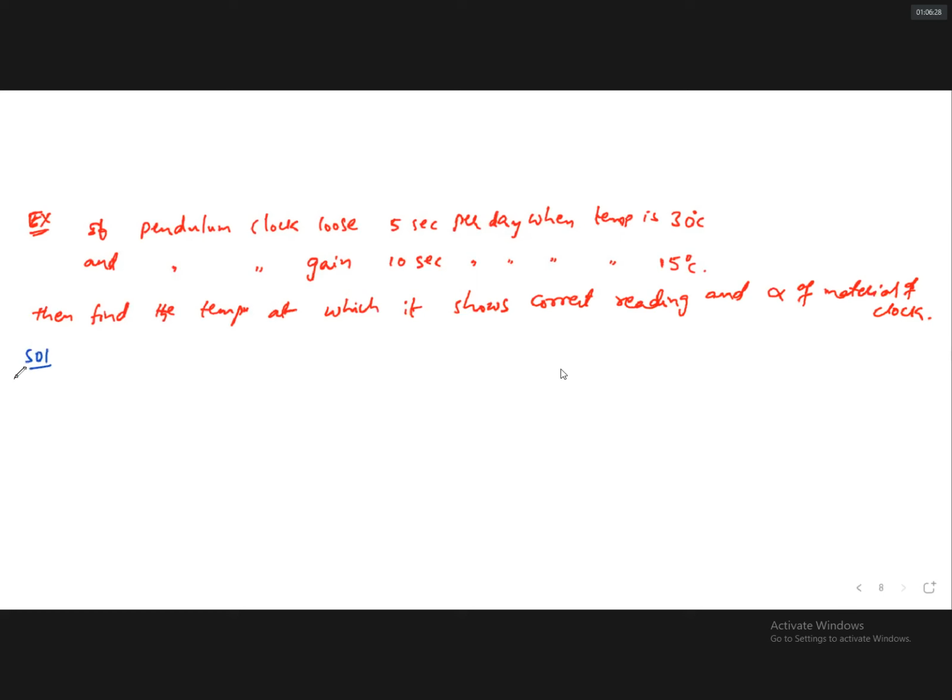The pendulum clock loses 5 seconds per day when the temperature is 30, and gains 10 seconds per day when the temperature is 15 degrees Celsius. Find the temperature at which it shows the correct reading and alpha of the material of the clock.